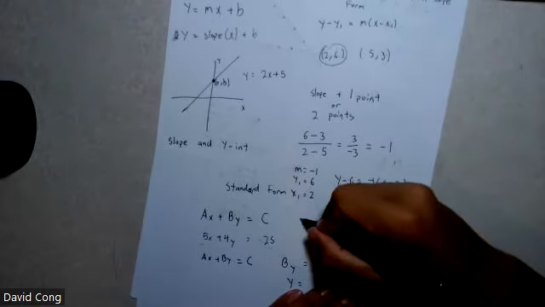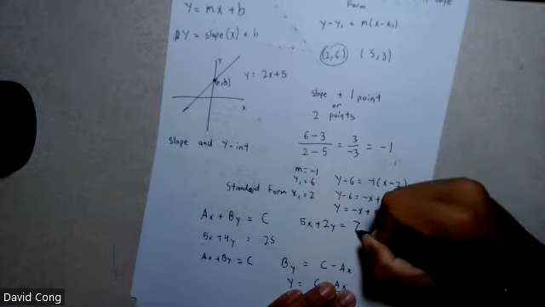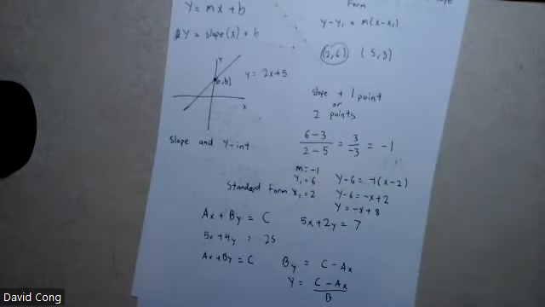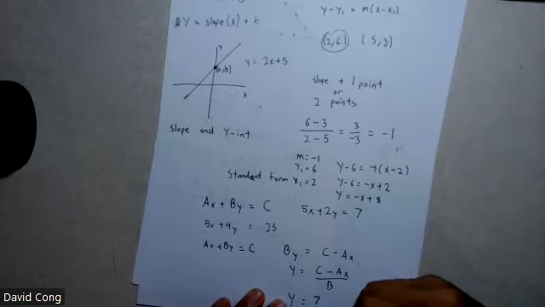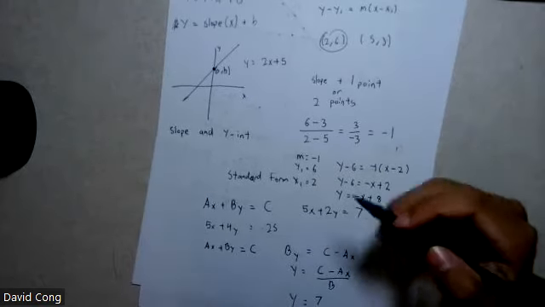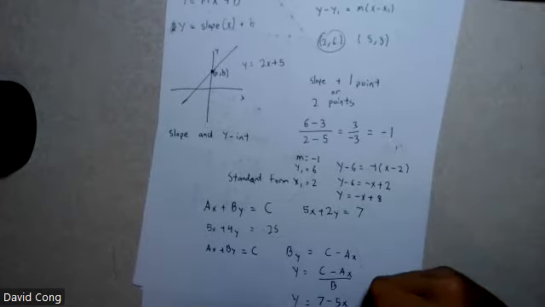So something in standard form would be like 5x plus 2y equals 7. And then we can convert it to this. So we have our c, so we have y equals 7. Let's take a look at our a, which is 5, and let's use our b, which is 2. So we have this as our equation.